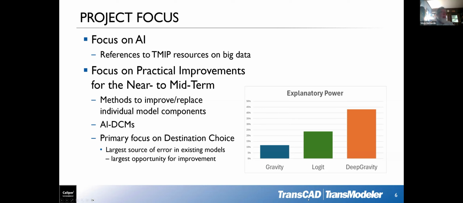This is just one example, from a widely cited paper in Nature, of a neural network called Deep Gravity, compared to the traditional gravity model and traditional logit destination choice. With this relatively simple architecture but deep neural network, you can see the impressive improvements in goodness of fit.